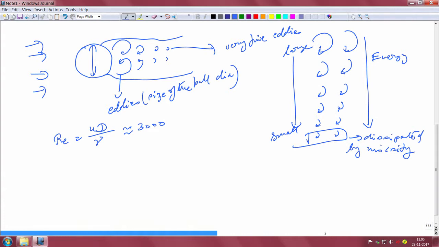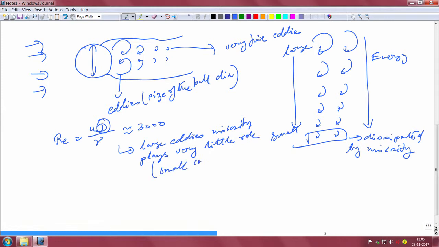So, essentially what we mean is that the eddies which are of this dimension d, remember we said that the eddies can be of the size of the ball. So, for large eddies, viscosity plays very little role. Which is basically a small component.